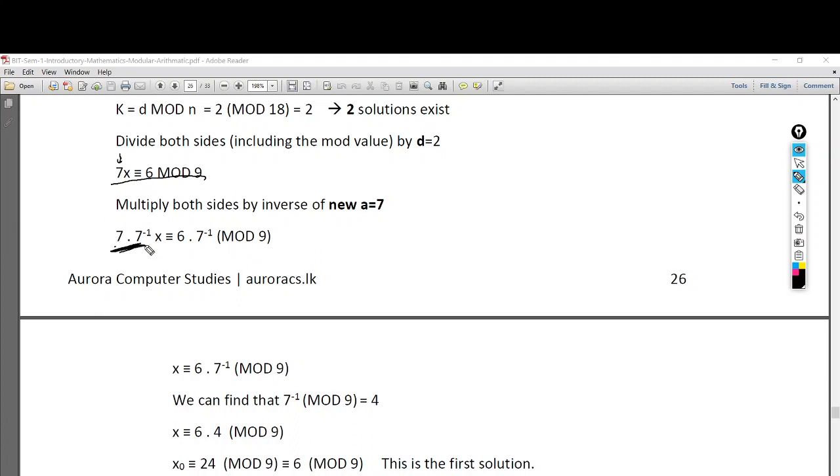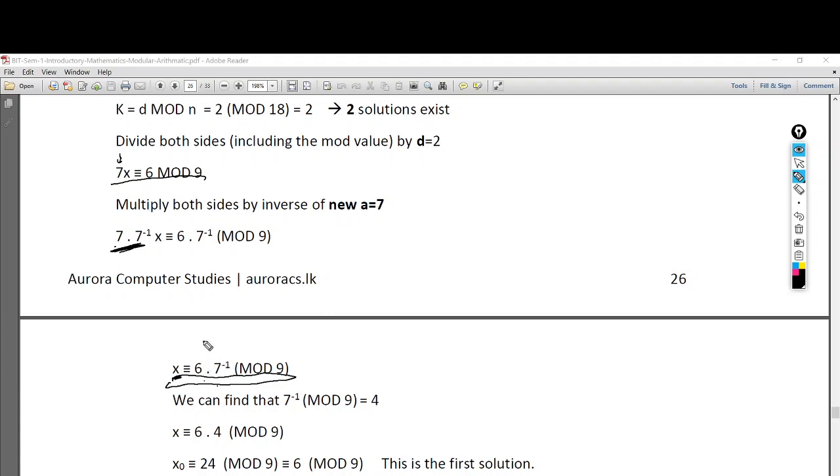When you multiply this by its inverse, it is going to be 1. Therefore this side is going to be 1 times x, which is x, which is equal to 6 times 7 inverse mod 9. Now the coefficient has vanished, and we have x.